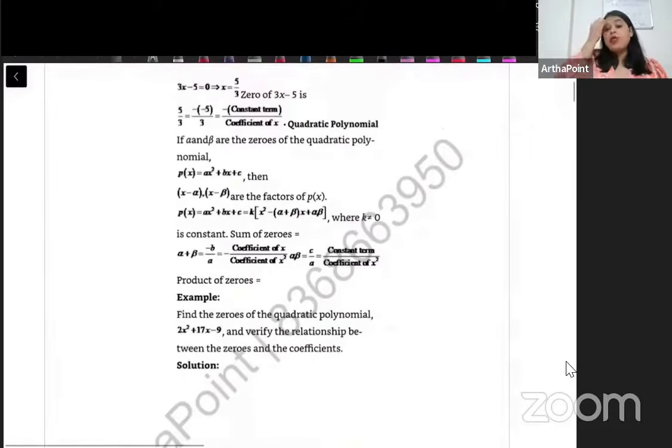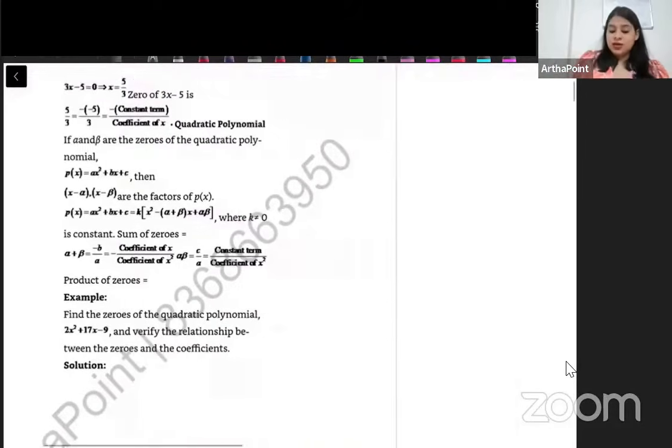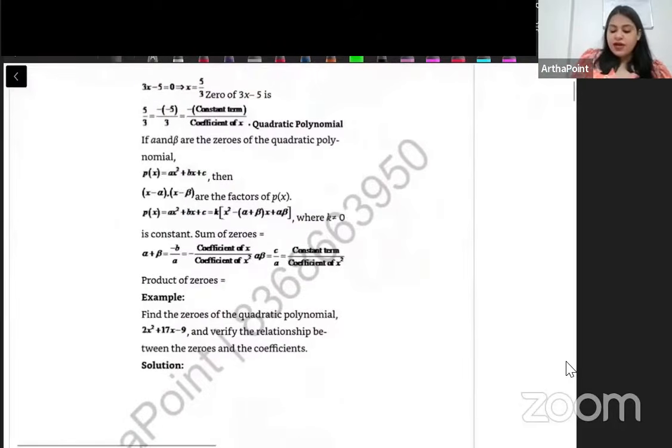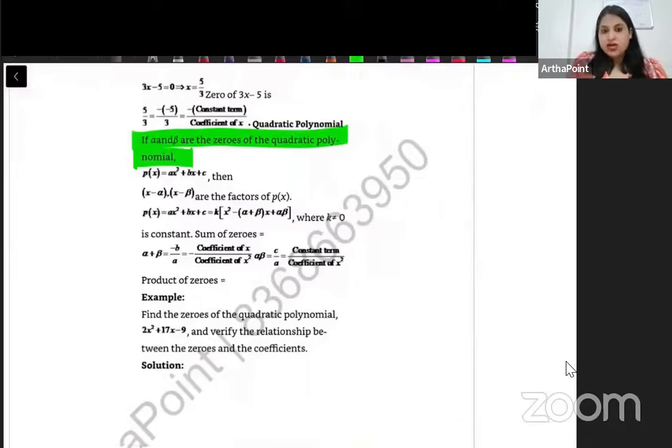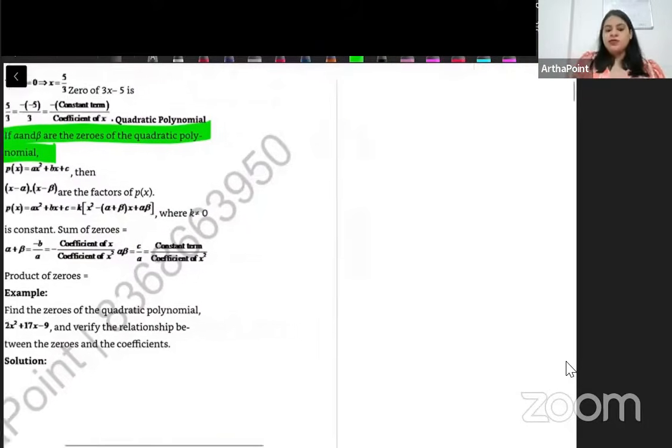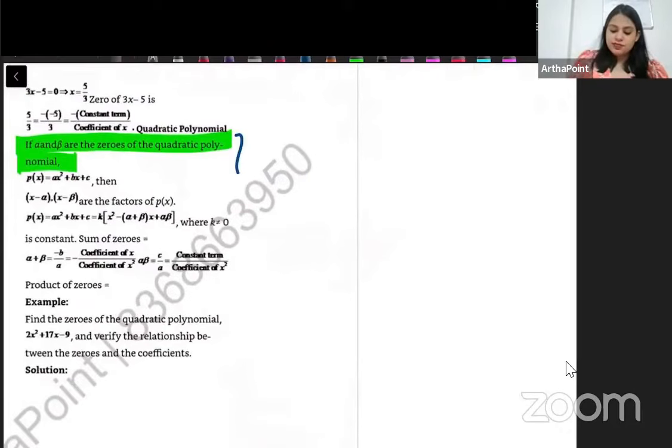Okay. Now let's talk about the relationship for quadratics. So if you have alpha and beta as zeros of the polynomial, then beta, we have two rules that you have to remember. The first rule. Suppose my equation is, let's not write this, let's write in the general format.